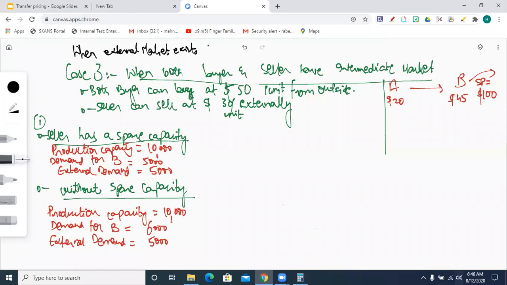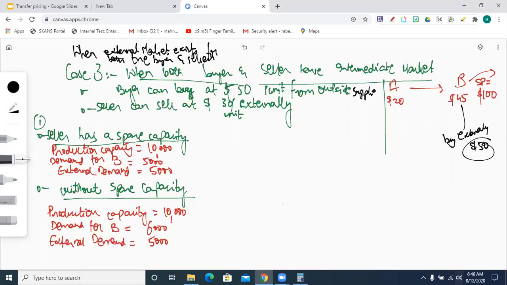Now, when an external market exists for both, case number 3, for both the buyers as well as sellers, what would happen now? When both buyer and seller have an intermediate market, the buyer can buy at 50 from an outside supplier. So the buyer has an option to buy externally. Instead of buying from A, he could buy externally at a price of 50.